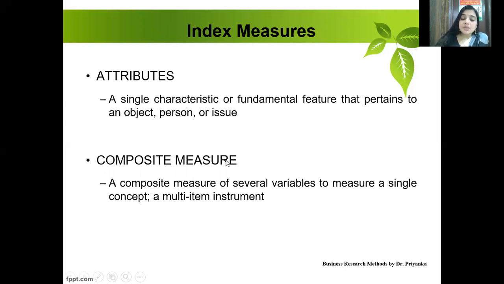Then composite measure. A composite measure of several variables to measure a single concept is called a multi-item instrument, and that composite measure is basically known as an index generally. For example, when you are trying to define one company by its attributes, for example, this company falls in the category of manufacturing industry, then it is the steel industry, right?